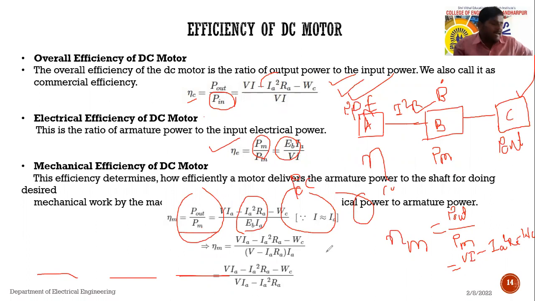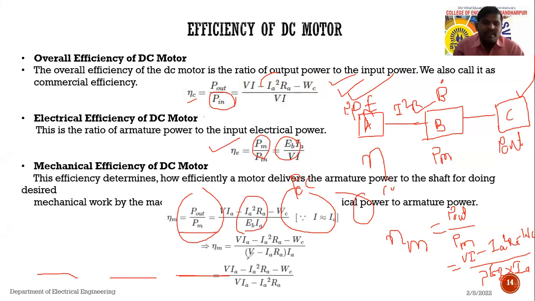So this is the output power divided by PM, which is EB into IA. Okay, so this is the formula for mechanical efficiency.